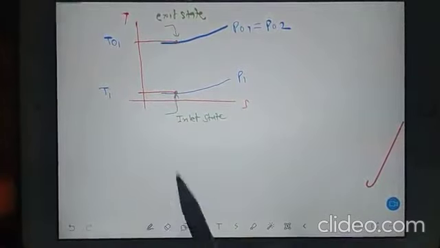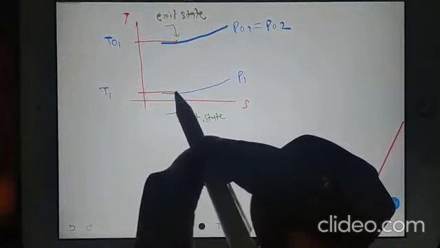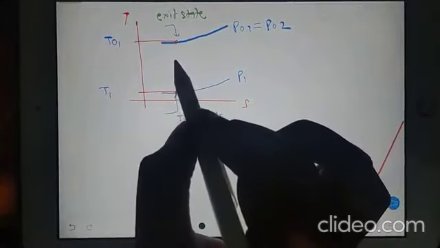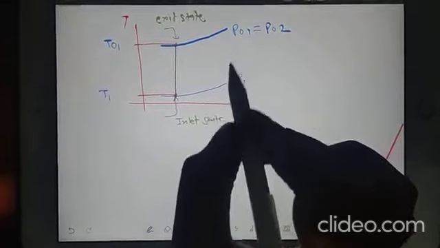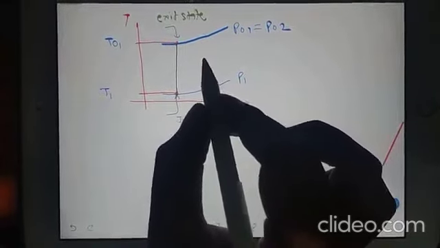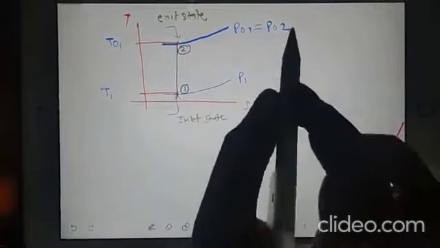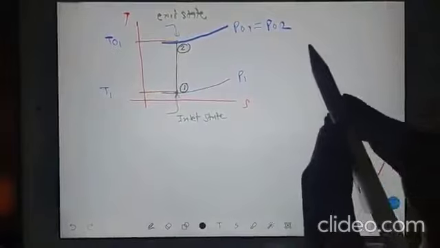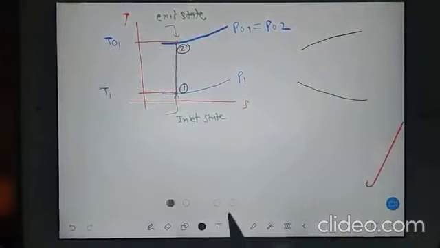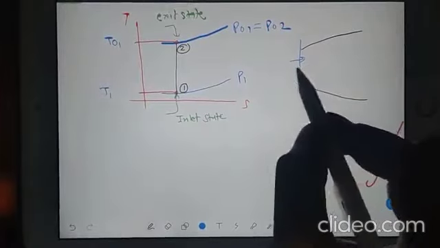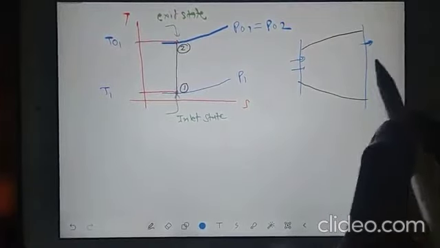It means what? When you are going like this, how the process has been done. So from point 1 to point 2 you are going, and you are traveling in the diffuser. Your diffuser is like this, right? You are traveling from this location and you are reaching to this location.